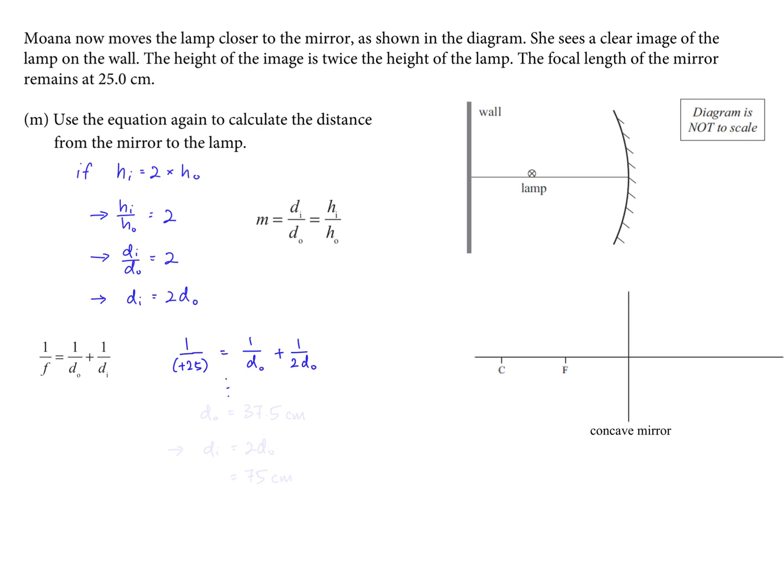And if we rearrange this correctly, you should get do to be equal to 37.5 centimeters, which means that di is twice of that at 75 centimeters. Now, I will always recommend students to sketch a ray diagram to verify the answer, just to make sure that they've put the correct sign when using the mirror equation.